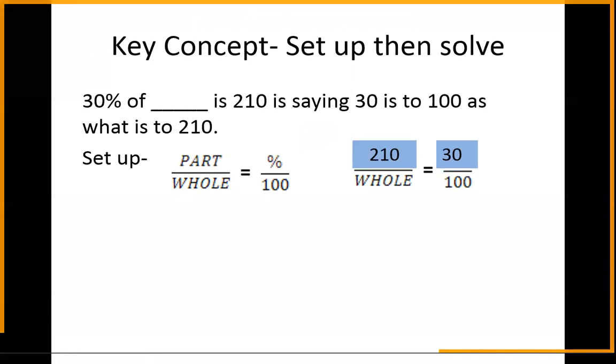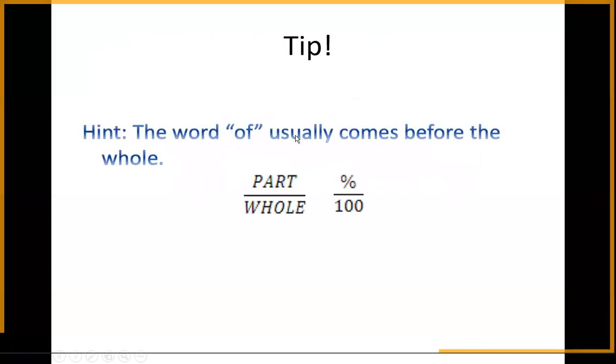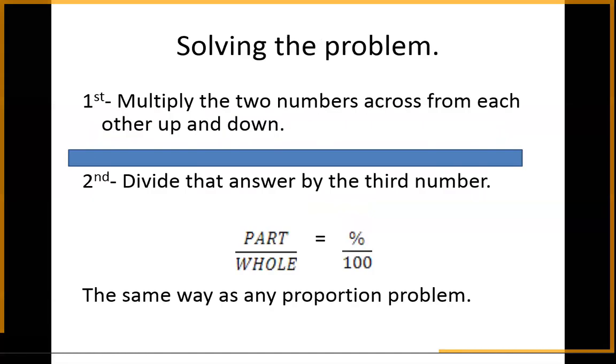The part is 210, because 30% of a whole amount is the part 210. If you get confused on that, usually the keyword of will come before the whole. And if you get an answer that doesn't make sense, you can reverse the part and the whole and see if you get a more reasonable answer.